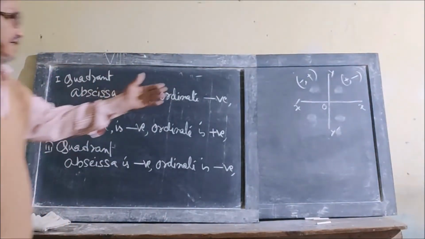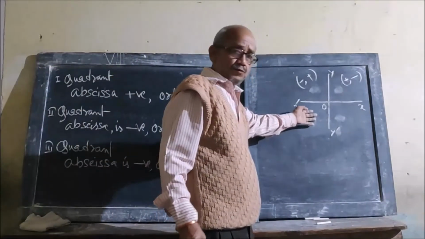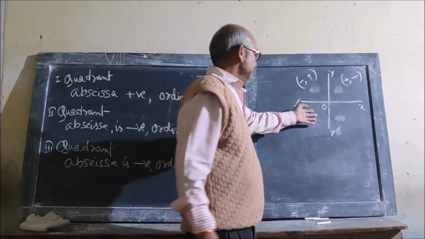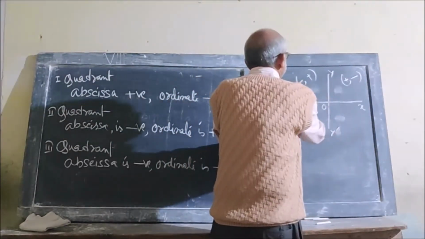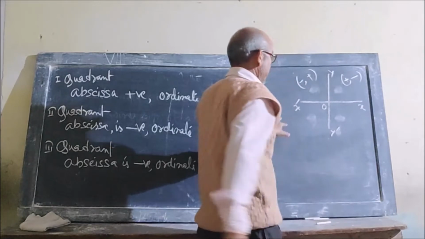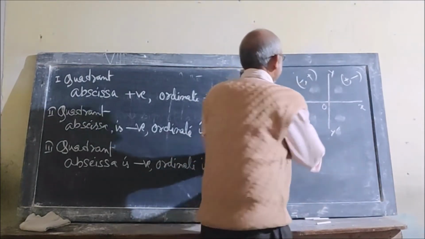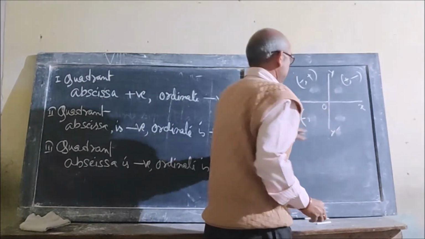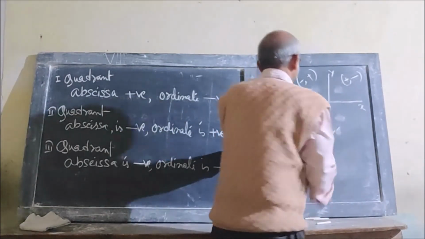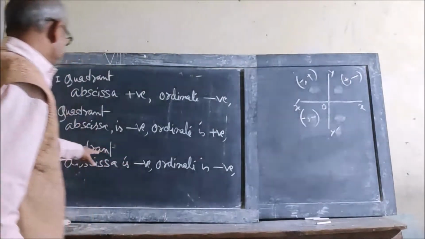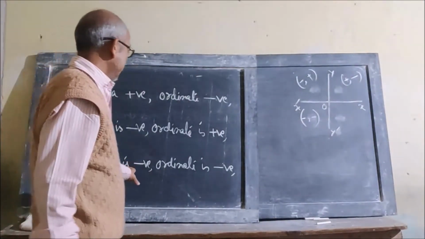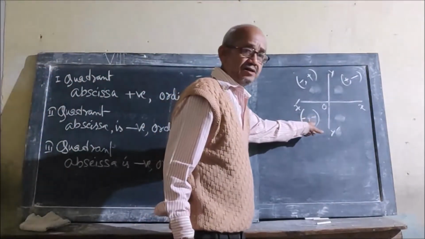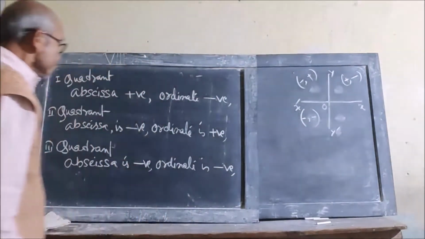Because you see in the third quadrant, the x-axis to the left side is negative, and y below the axis is also negative. So the abscissa is negative, as well as the ordinate is also negative.